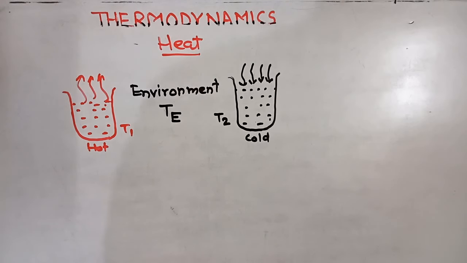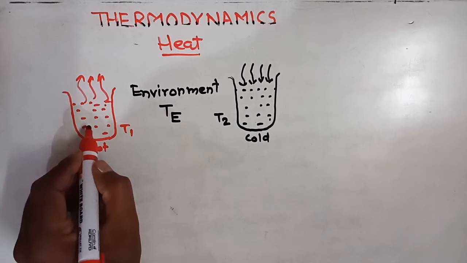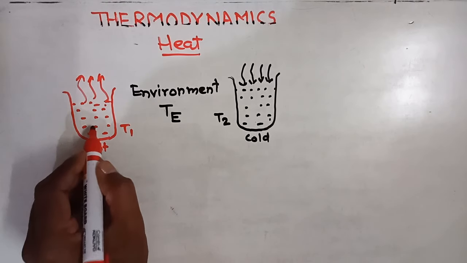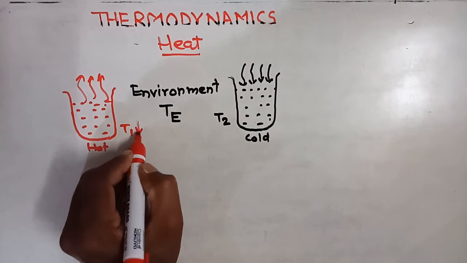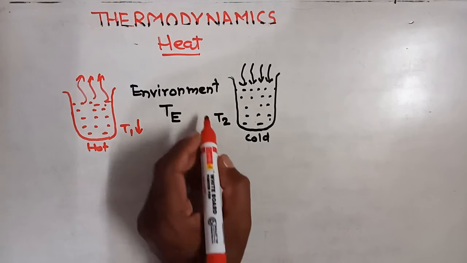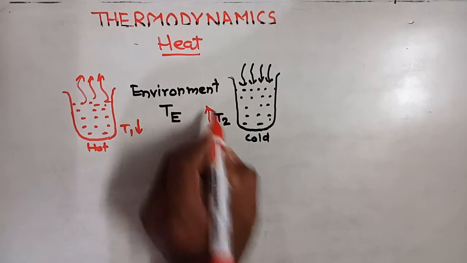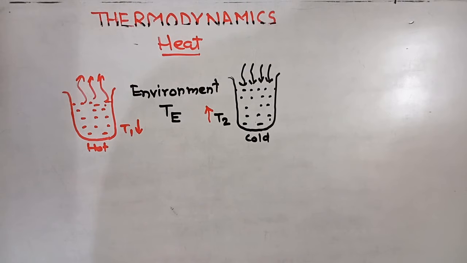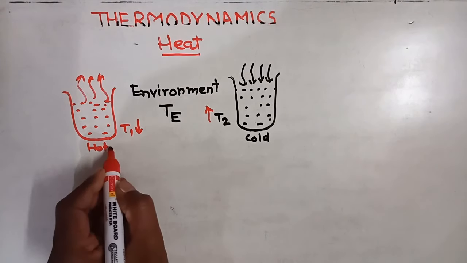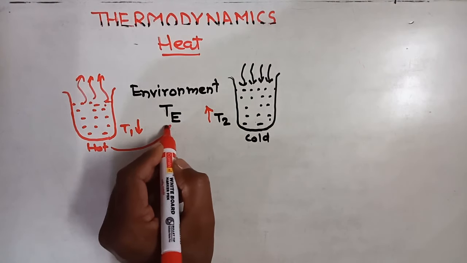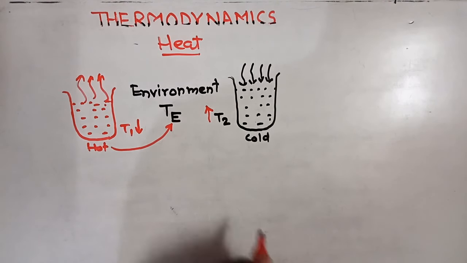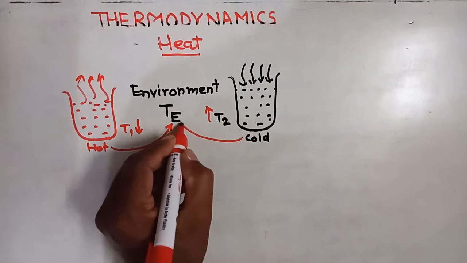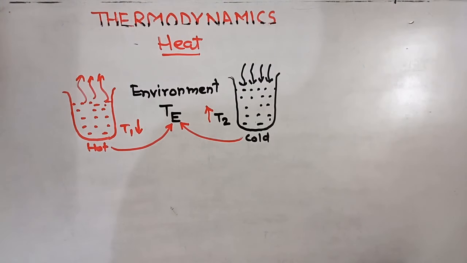After some time we observe that the temperature of this hot water goes on decreasing and the temperature of this cold water goes on increasing, and after a sufficient time interval the temperature of this hot water is equal to the temperature of environment, and the temperature of this cold water is also equal to the temperature of environment.